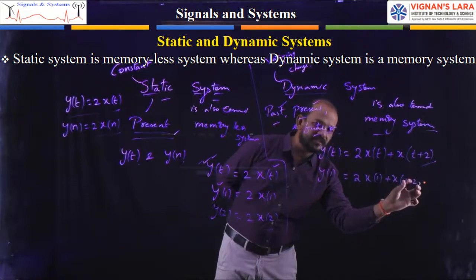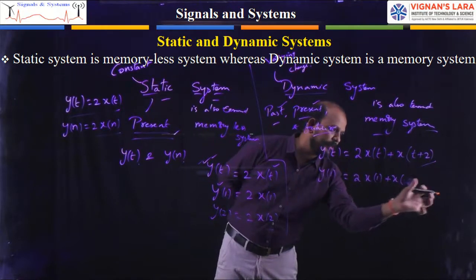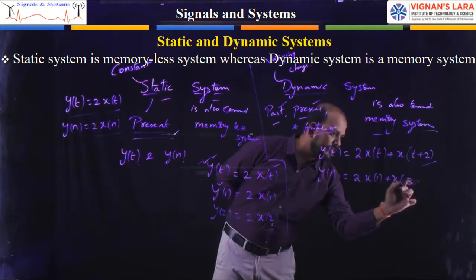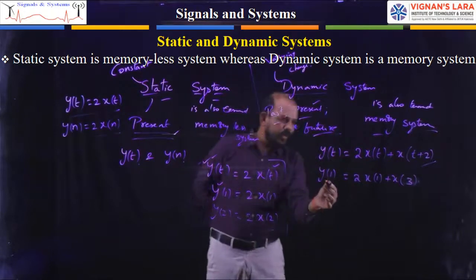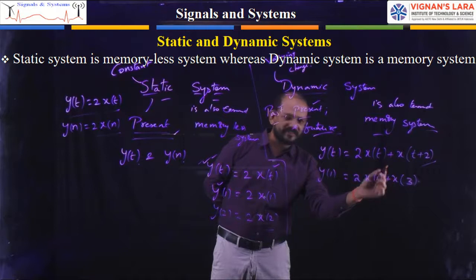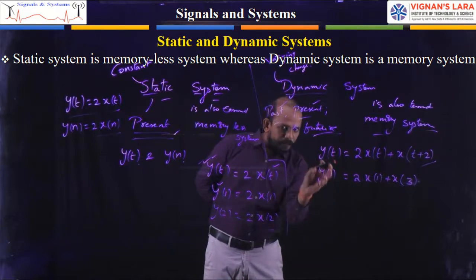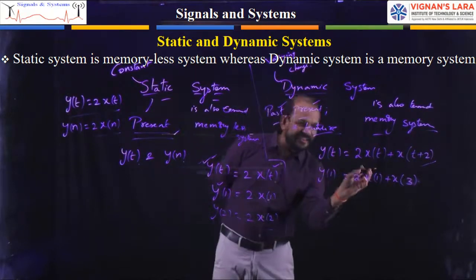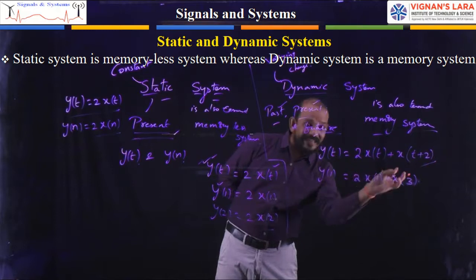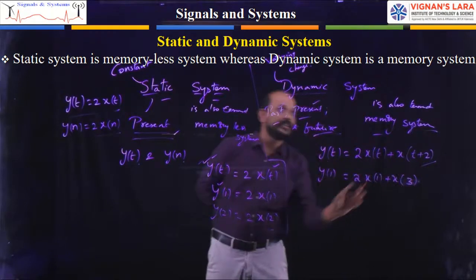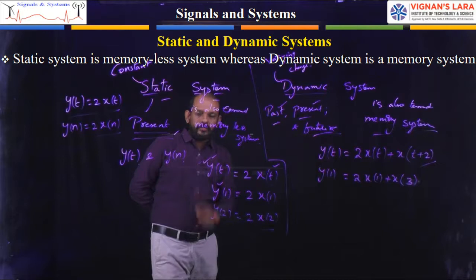I am writing directly: 1 plus 2 is 3. So y of 1 equal to 2 into x of 1 plus x of 3. Here, the output at the first second is dependent on the input at the first second and the input at the third second.